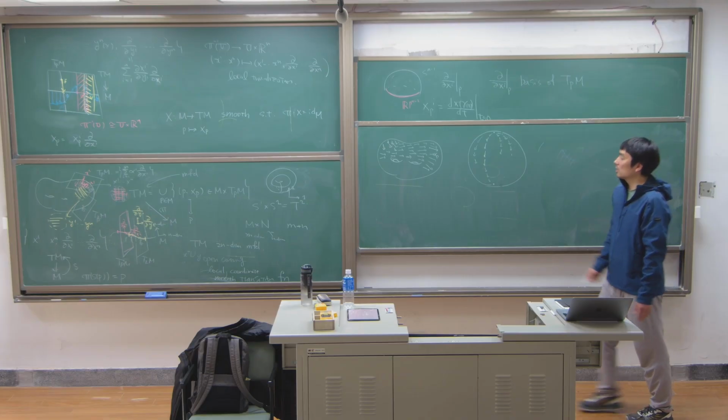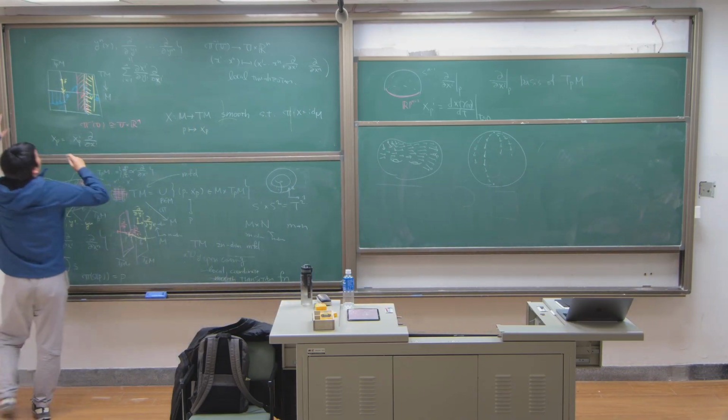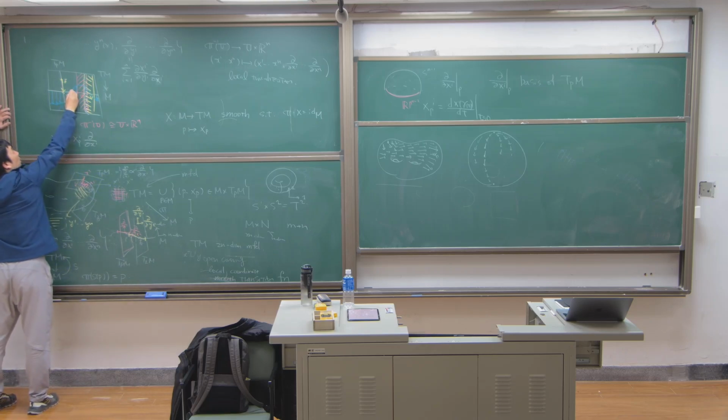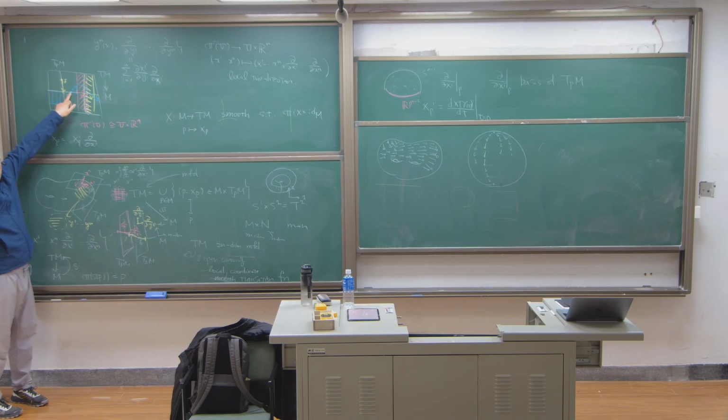Those are exactly one section of the tangent bundle. And if you look at the point here, it is just a 0 of the tangent space, the origin of the tangent space.